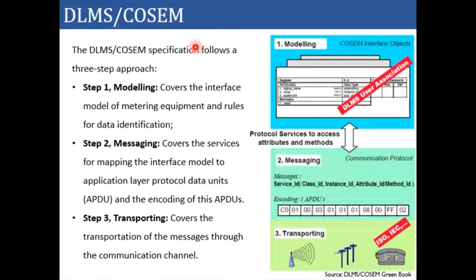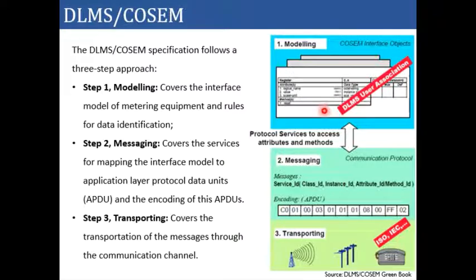Now let's see the specification approach DLMS COSEM follows. The DLMS COSEM specification follows a 3-step approach. The first step is modeling, which covers the interface model for metering equipment and rules for data identification. That means various interface objects which are required for data binding.